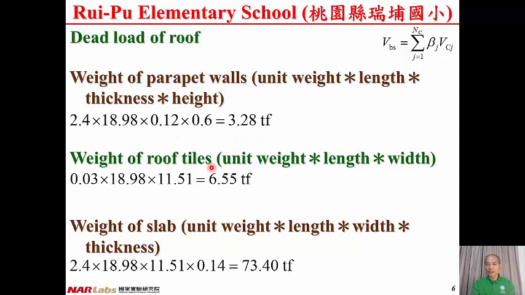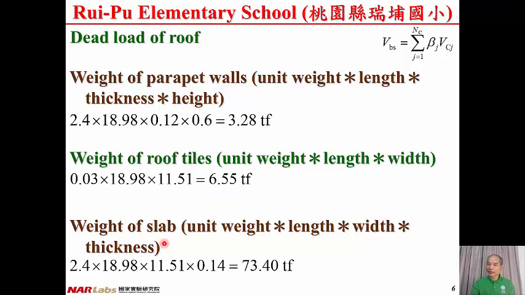The roof tiles have a unit weight of 0.03 ton force per meter square, roof length 18.98 meter, and roof width 11.51 meter, which makes 6.55 ton force.